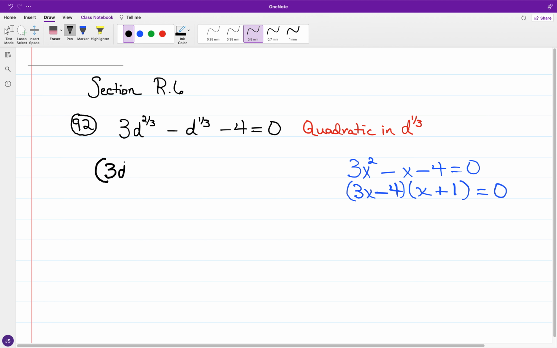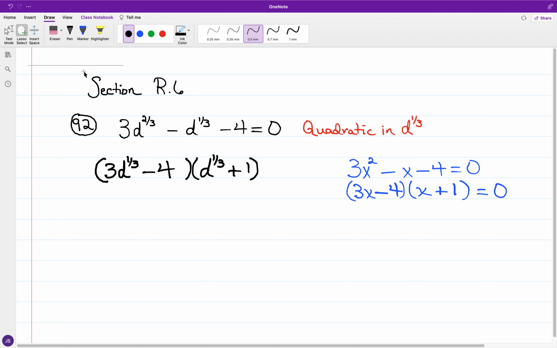So I have 3 times d to the 1/3 and d to the 1/3, and then minus 4 and plus 1.